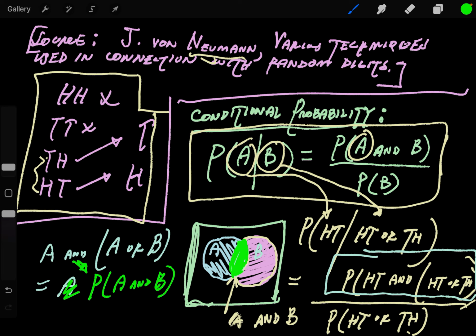Why am I drawing a blank here? This is A intersect A union B. What is this equal to? A intersect A union B. Why am I drawing a blank here?